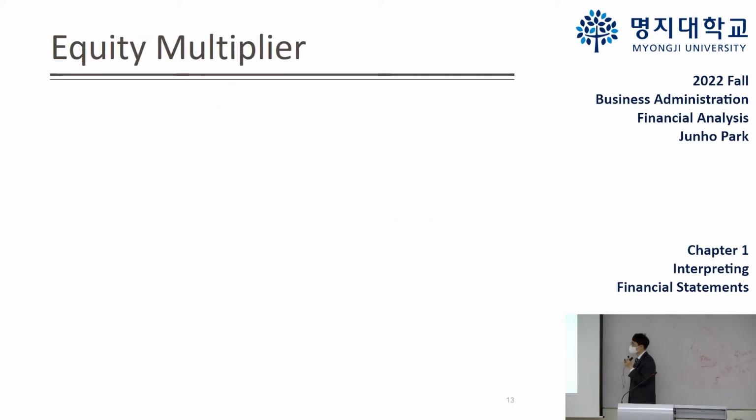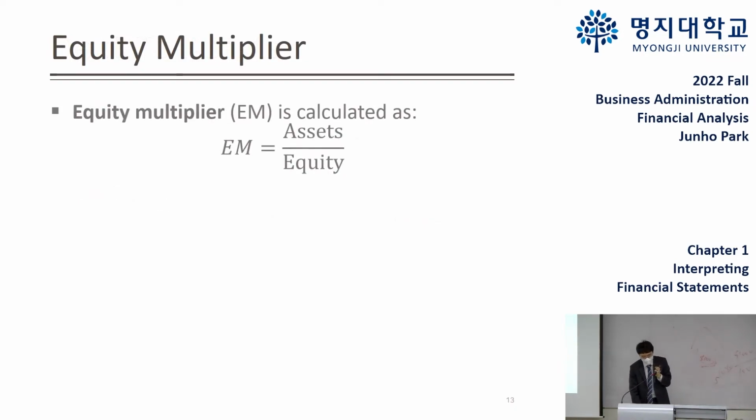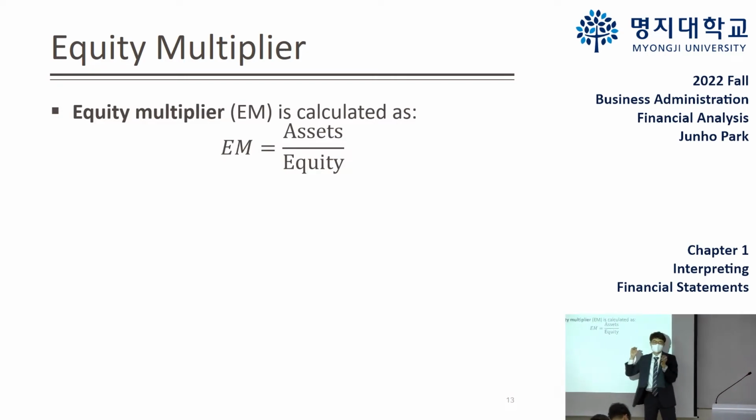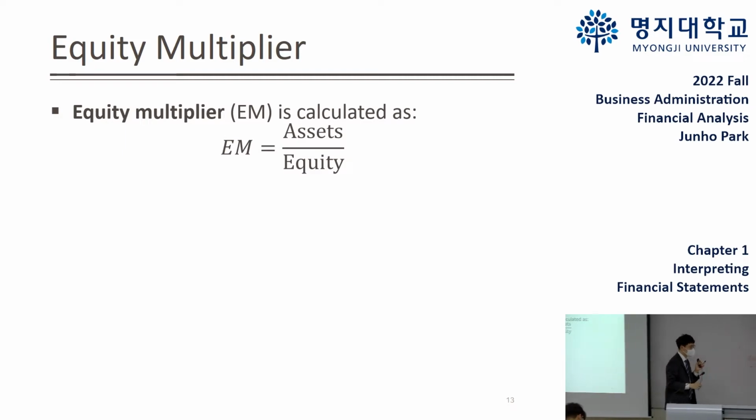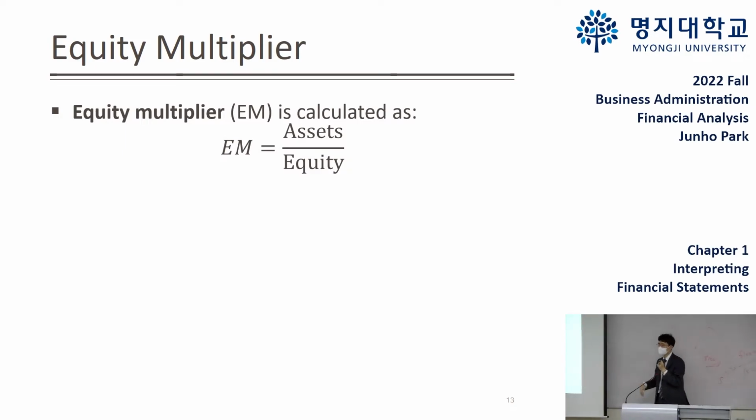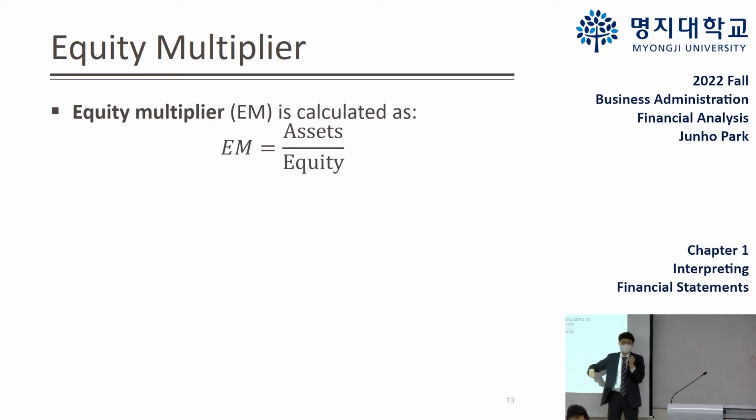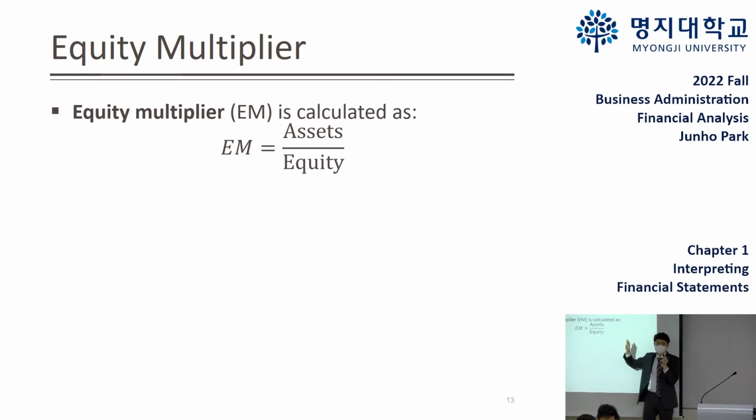And the next measure is the equity multiplier. This is calculated as assets divided by equity. So in terms of leverage, it is more intuitive. It means even though you start with a small amount of money called equity, you were able to have a lot of assets by having leverage.